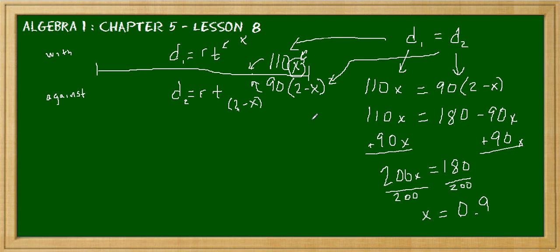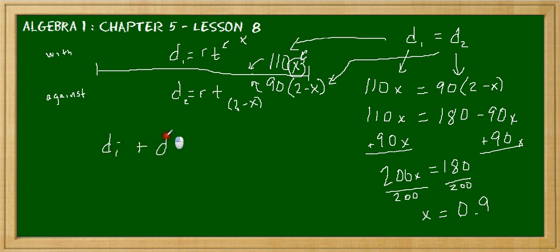But anyway, let's go back and say, what does it mean then to our last part, solving this for us? How far can the flock fly together? Well, to determine that, we would simply put in the x value in here, because we know that flying together meant they traveled the first distance, right?